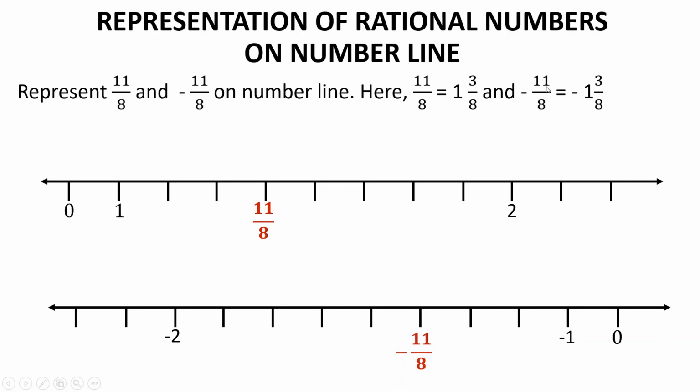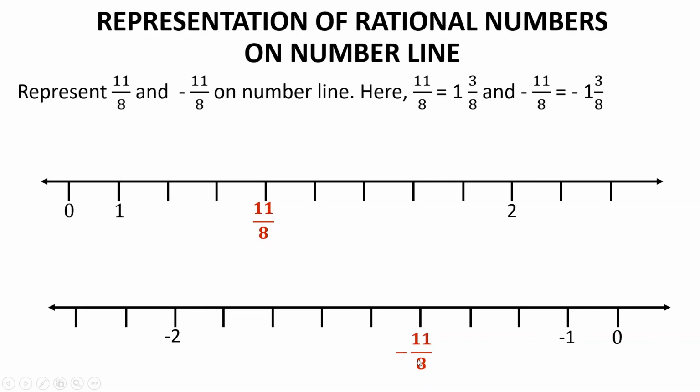Same for minus 11 upon 8. Converting it into a mixed fraction, it will be minus 1 integer 3 upon 8. It is negative, so it will be on the left hand side of 0. And it is a mixed fraction. Minus 1 we already have, so it will be between minus 1 and minus 2.